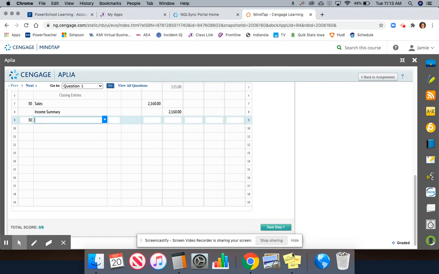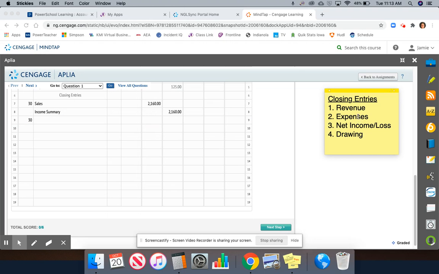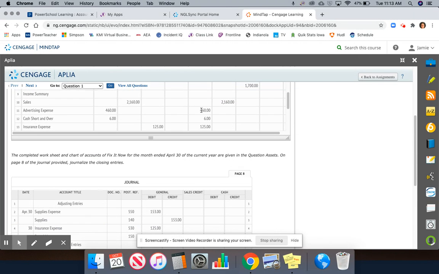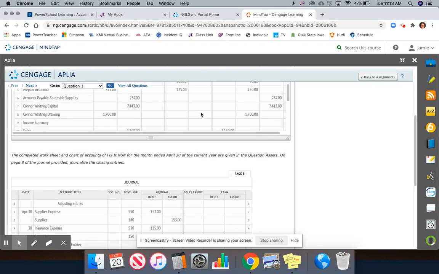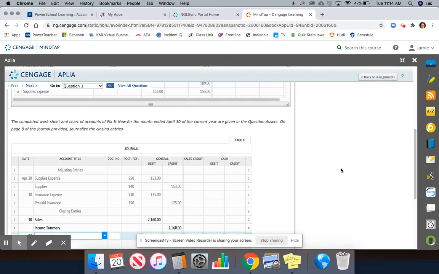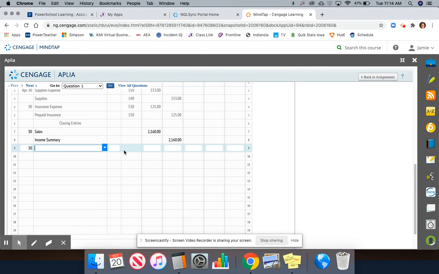We do the 30th again, and we have our expenses. So let's come up here. Looks like all of our expenses are a debit, because we always debit expenses, so that makes sense. So then we need to credit those. Since we always list our debit first, we're going to type in income summary. We'll worry about the total of our expenses later.